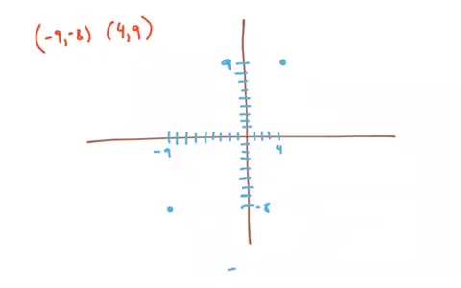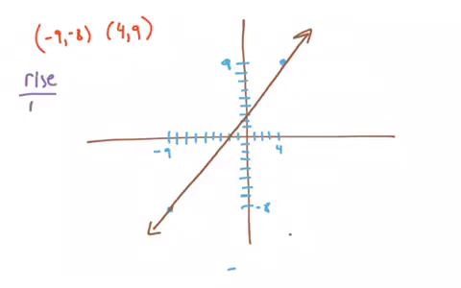Okay, so the line, which I'm going to attempt to draw here, something like that. Okay, and we want the slope. If you don't remember that it's change of y over change in x, you do know it's rise over run.